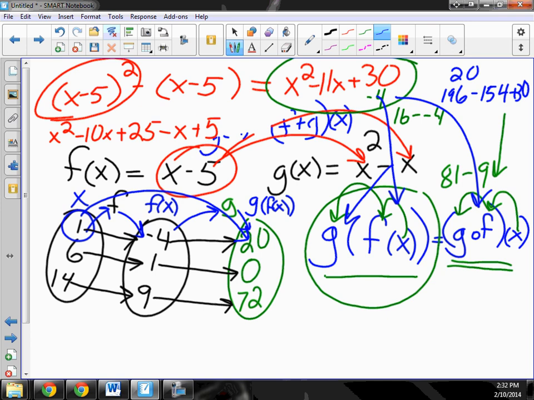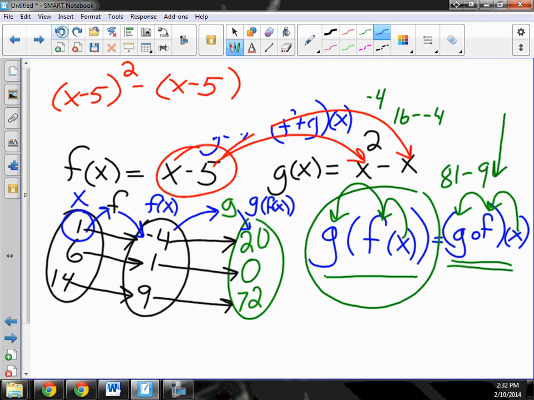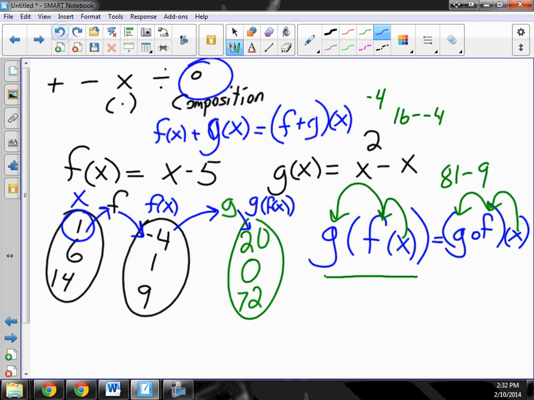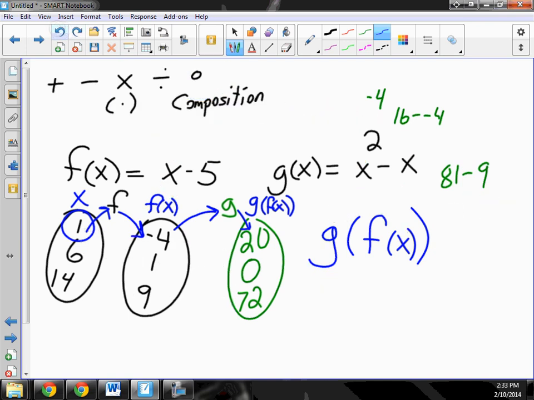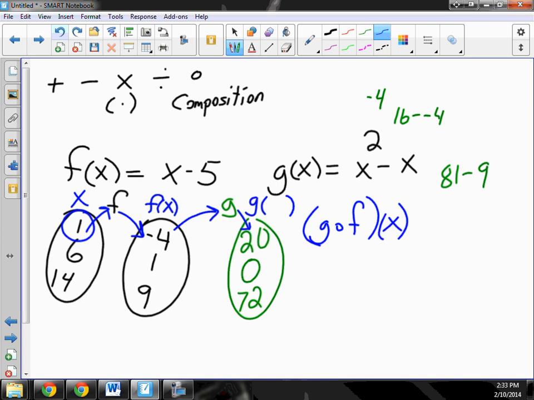Okay, so now my question is, let's go get rid of a lot of this stuff. Okay, so I've created g of f of x. Is that the same thing as f of g of x?